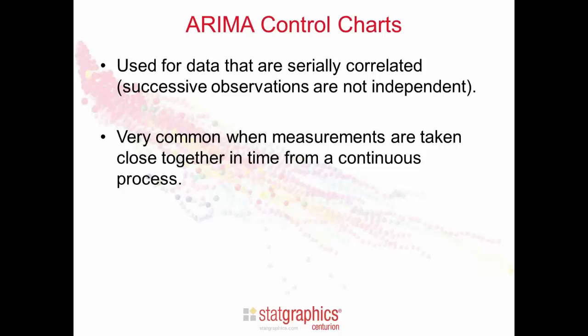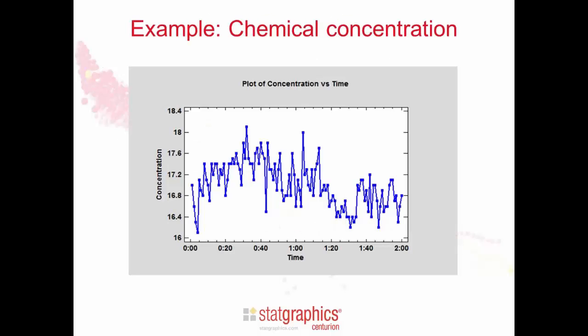Imagine measuring the concentration of some chemical process that you're operating where you've got a continuous flow of product. And it's certainly likely that observations taken close together in time will be correlated. Well, that's going to play havoc with a standard Shewhart control chart, so we need to do something about that.